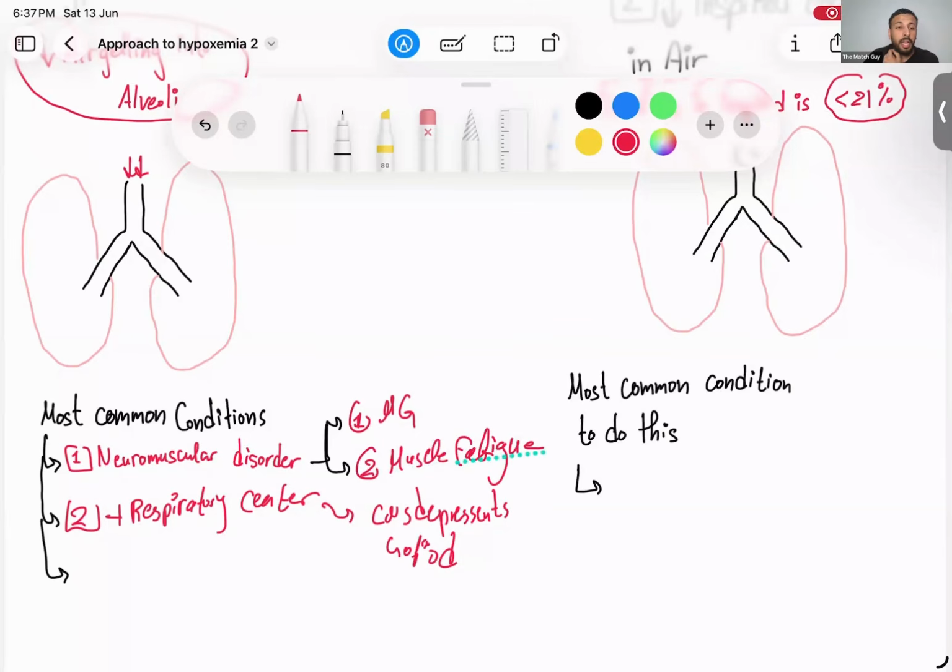And there is a third category no one of you said. You talked about the respiratory center inhibition, you talked about the neuromuscular disorder, and there's something else. Yes, amazing, Abdullah. The last thing is something that leads to upper respiratory tract obstruction, like OSA, like obesity.